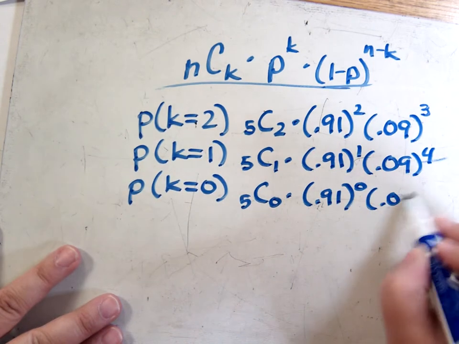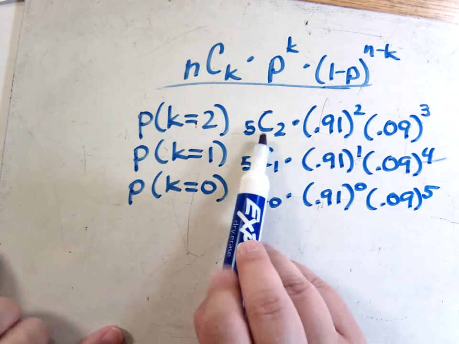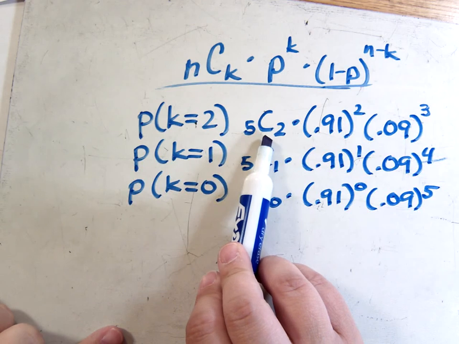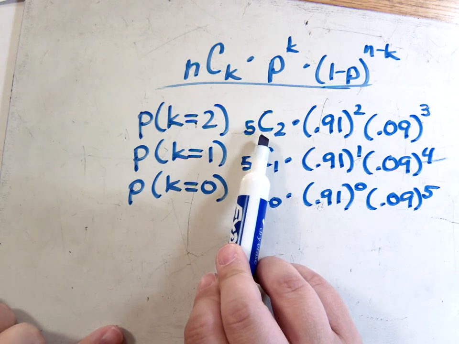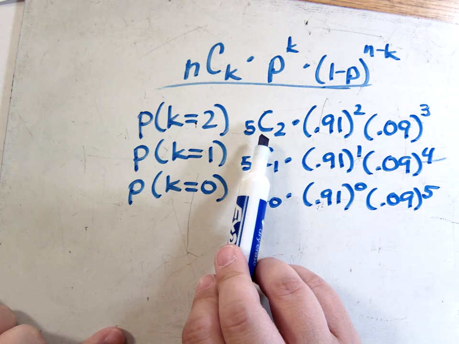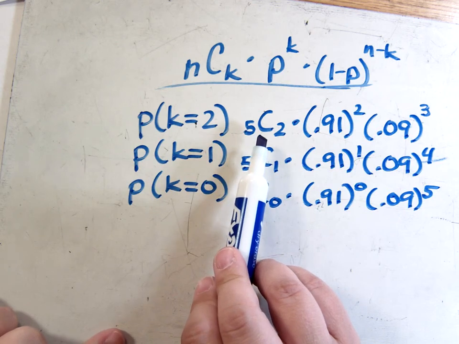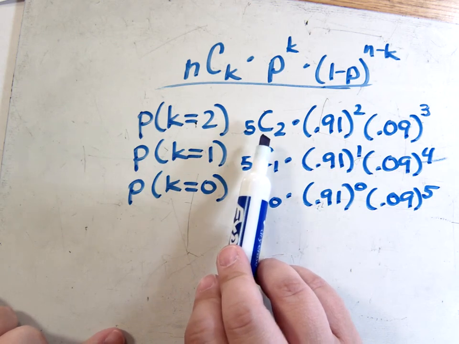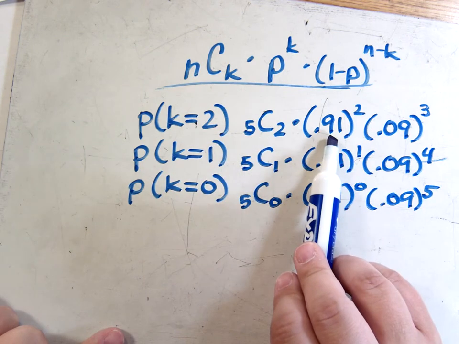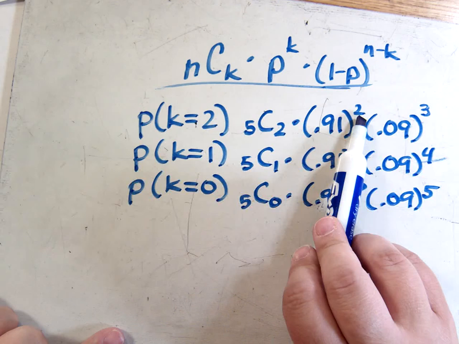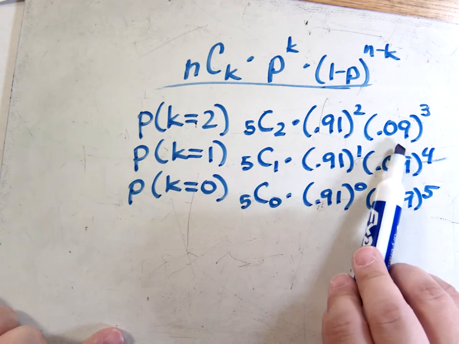Remember that how this works is, this is the number of ways I could have success on 2 of them. In other words, I could have success the first and the second time, or the second and the third time, or the first and the third time, or the second and the fifth time. There are different ways I could have success on 2 out of 5. This is the probability of success, and we're talking about succeeding 2 times, which means I fail 3 times, and that's the probability of failure.